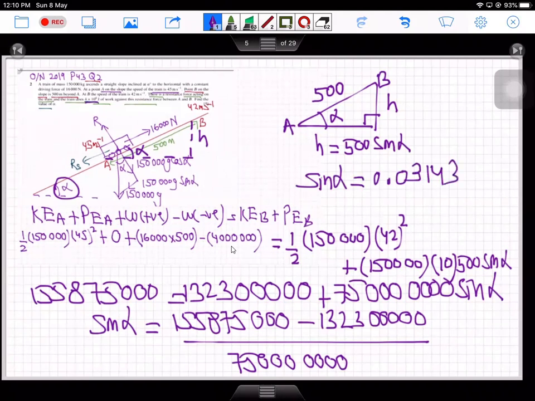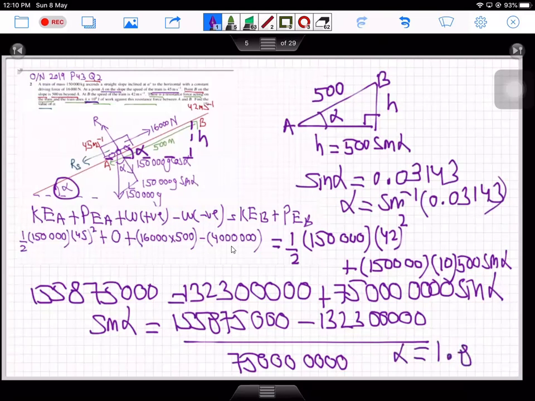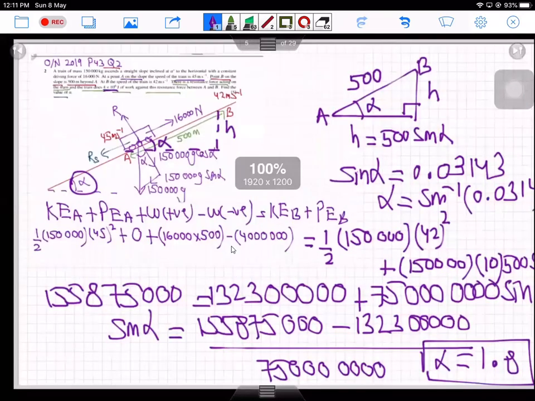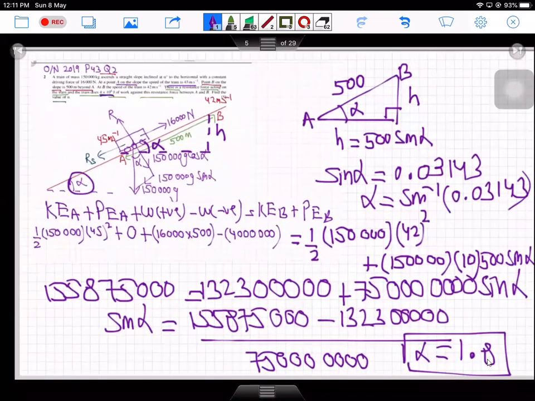So alpha is equal to sine inverse 0.03143. Alpha is equal to 1.8. Your alpha angle is 1.8. This is supposed to be your final answer. This question is worth 5 marks.